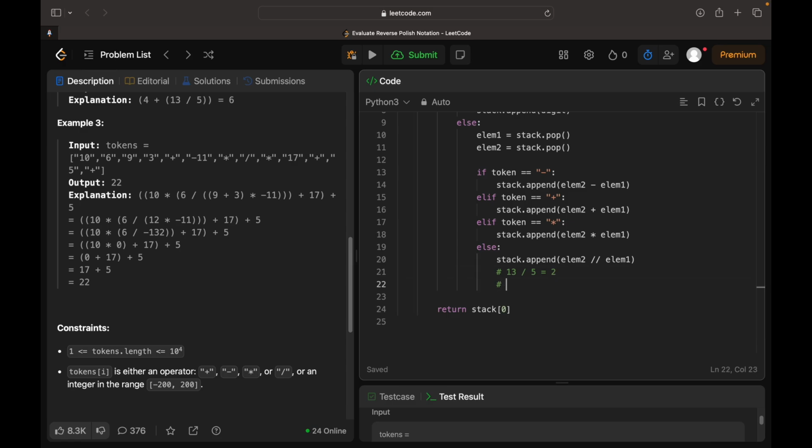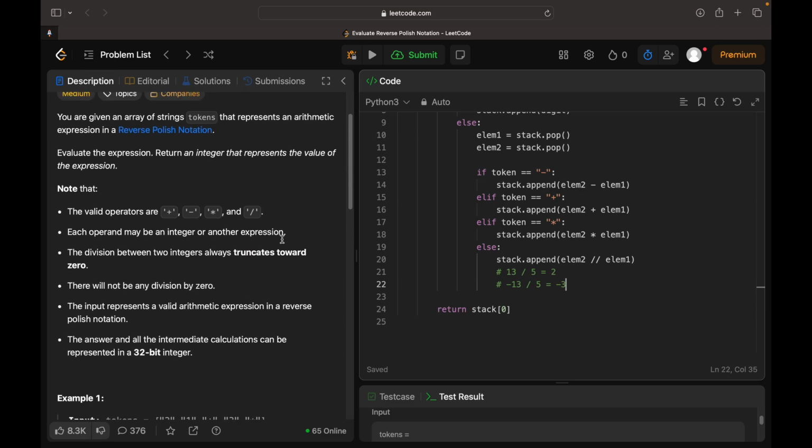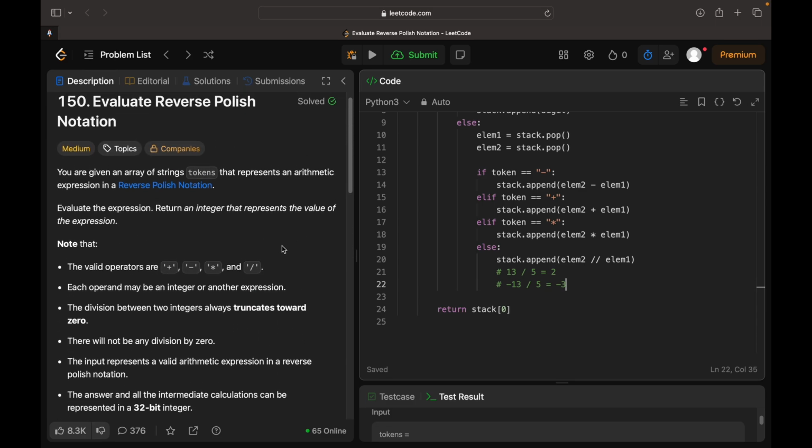But if we have minus, let's say, minus 13 divided by 5, then what will it round off towards? It will round off towards minus 3, not minus 2. The reason for that is the floor division essentially tries to take the lower value, and minus 3 is lower than minus 2, right? So it will give out minus 3, which is the wrong answer. And that basically messes up the entire calculation.